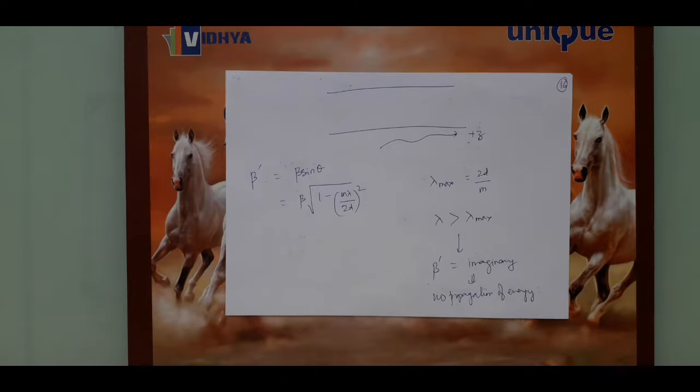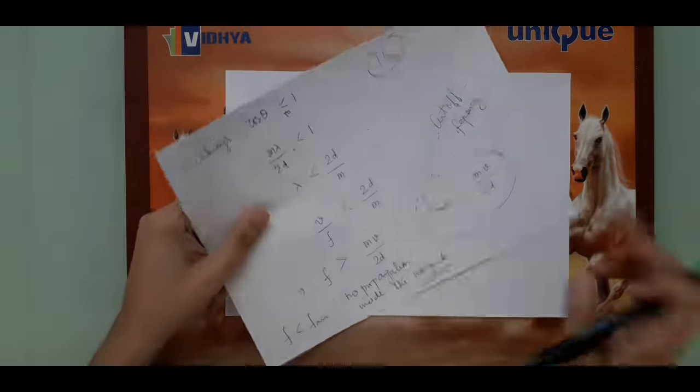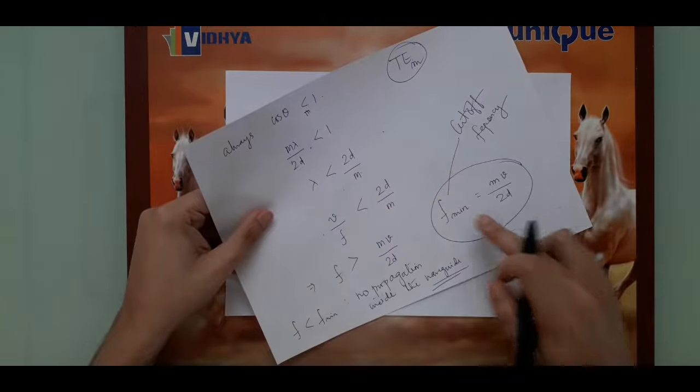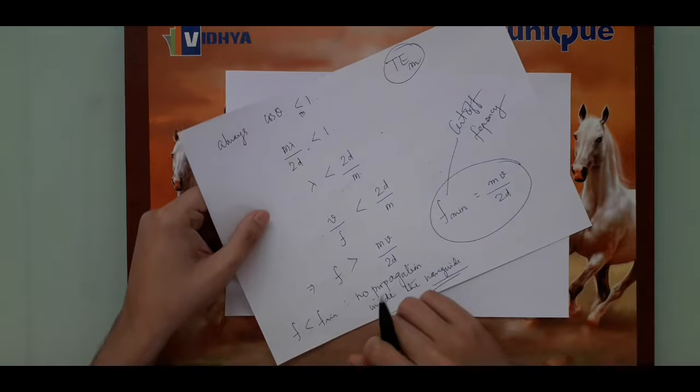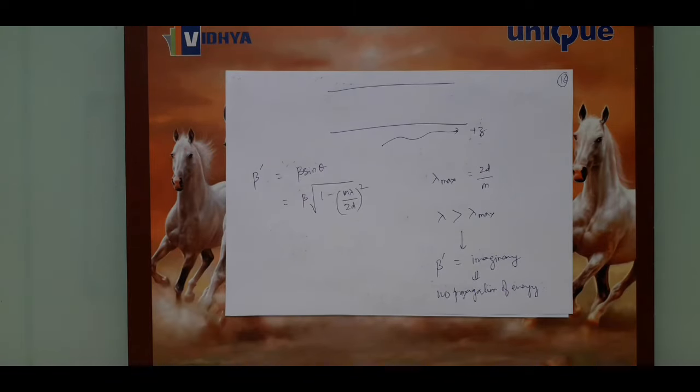So therefore we looked at two things. One is the maximum wavelength, the other is the minimum frequency, which is also called the cutoff frequency. So in today's class we saw how the concept of reflection from a metallic surface can be harnessed into a waveguide by having two surfaces which are strategically kept apart by a certain distance.